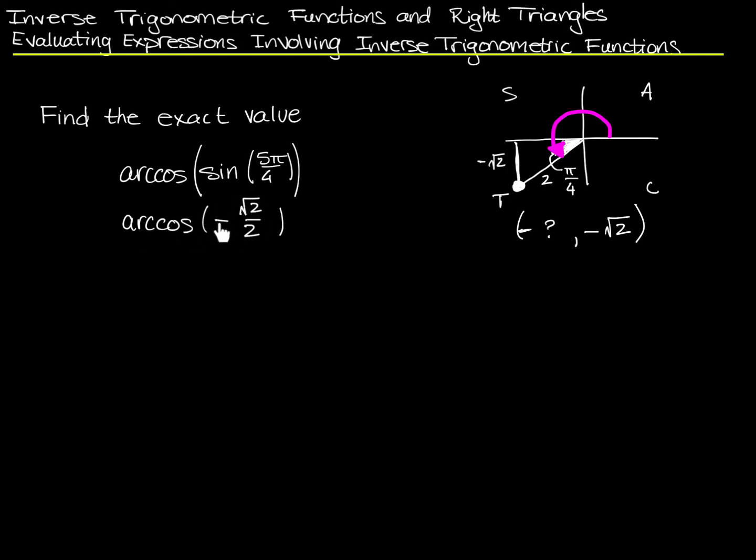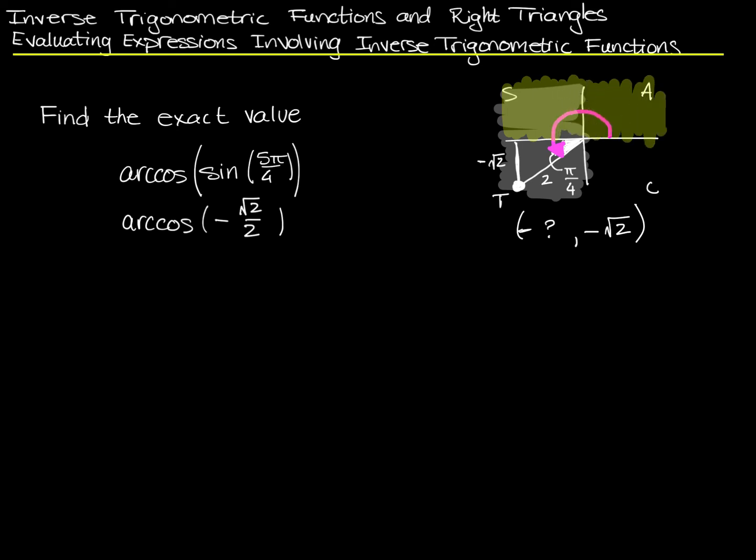Our cosine is this value, and our cosine is negative. So we want to take our angle from one of these two quadrants. Fortunately, we're already in one of those two quadrants, but unfortunately, arc cosine, well, we're only allowed to play with arc cosine, or the inverse cosine, in these two quadrants.